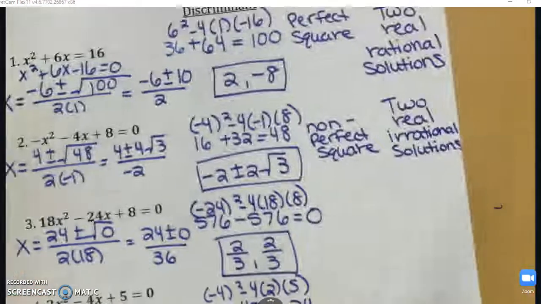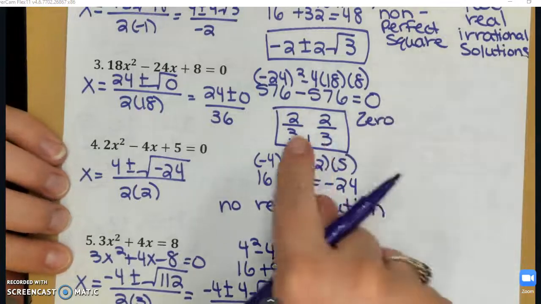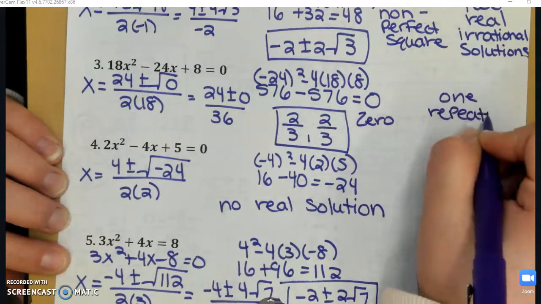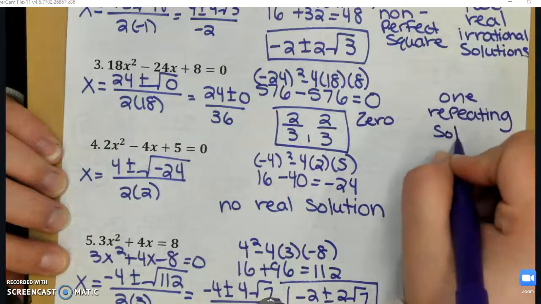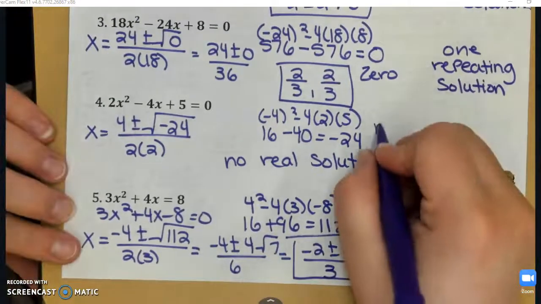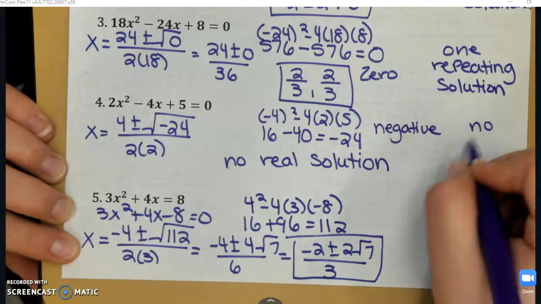On number 3, our discriminant was 0, and we got 1 repeating solution. And on number 4, we had a negative discriminant, which meant I had no solution.